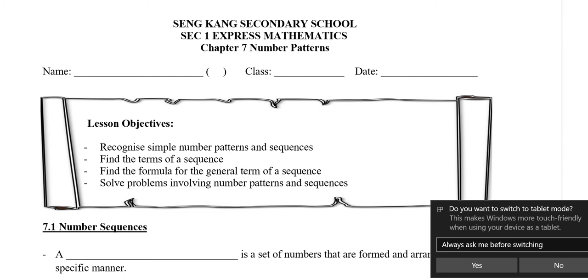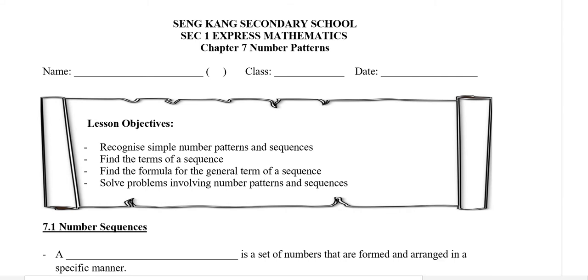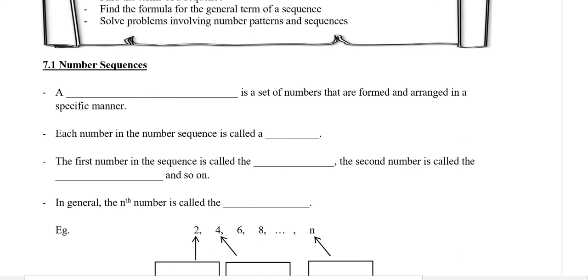Right, let's start. Now, what is a set of numbers? A group of numbers. Are you sure? Alright, can you write down a number sequence? It refers to a set of numbers that is arranged in a specific manner.